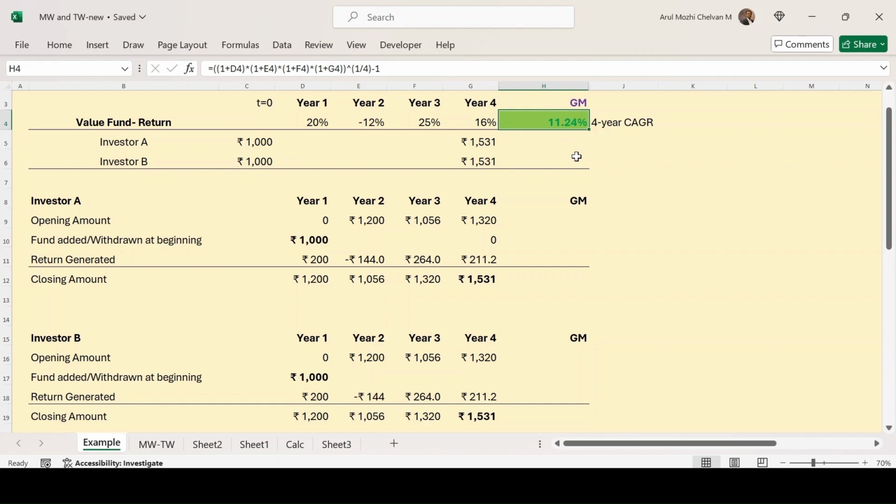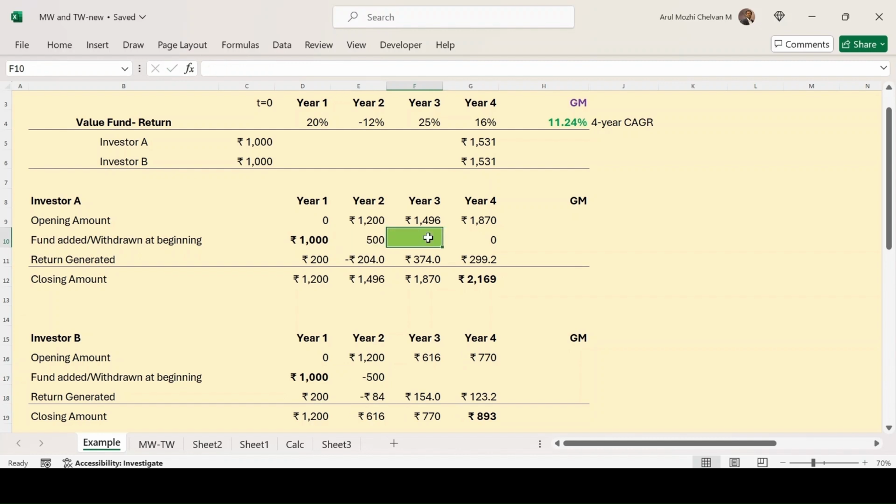Now let us adjust our illustration slightly. Investor A decides to add at the end of year 1, that is the beginning of year 2, plus 500. Conversely, investor B withdraws rupees 500 at the end of year 1. So we will take 500 from this fund.